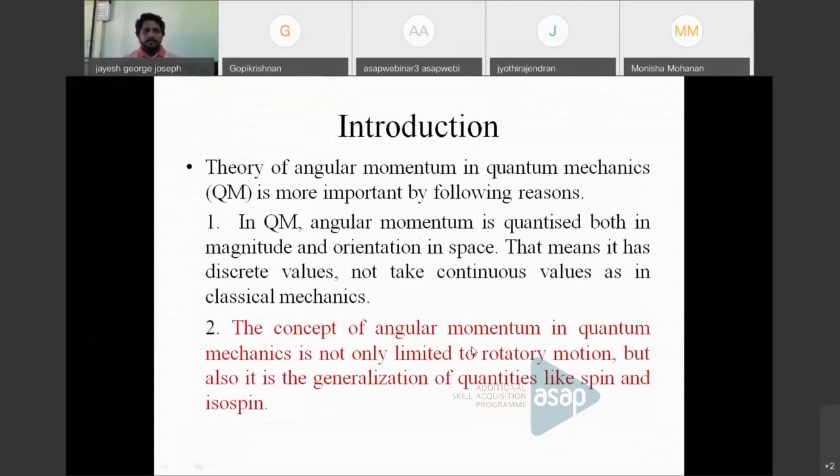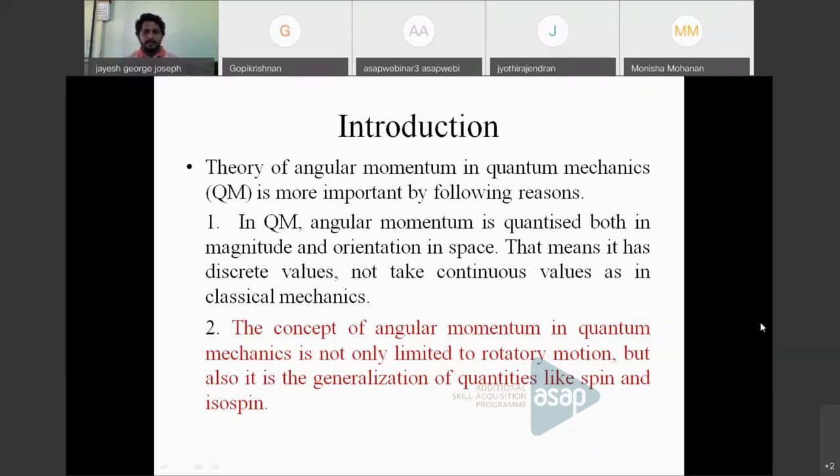Theory of angular momentum in quantum mechanics is important for the following reasons. One is, in quantum mechanics, angular momentum is quantized both in magnitude and orientation in space.